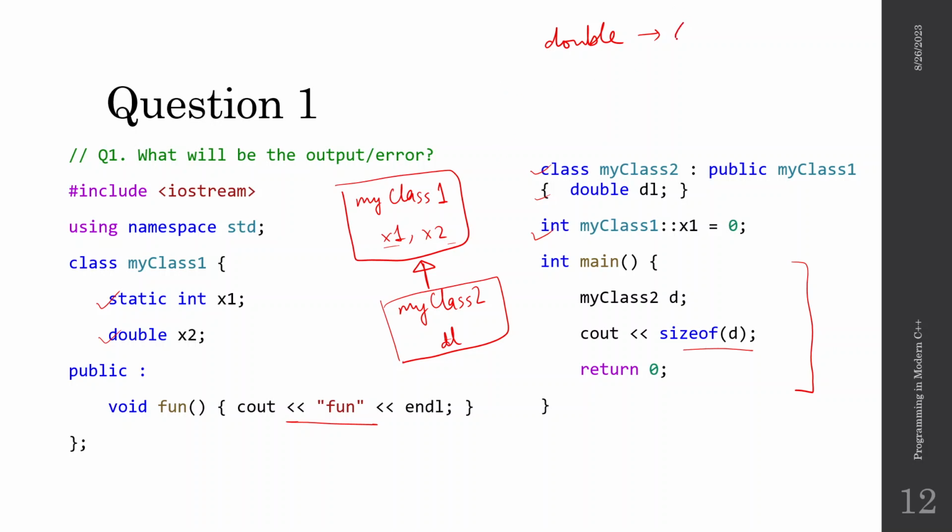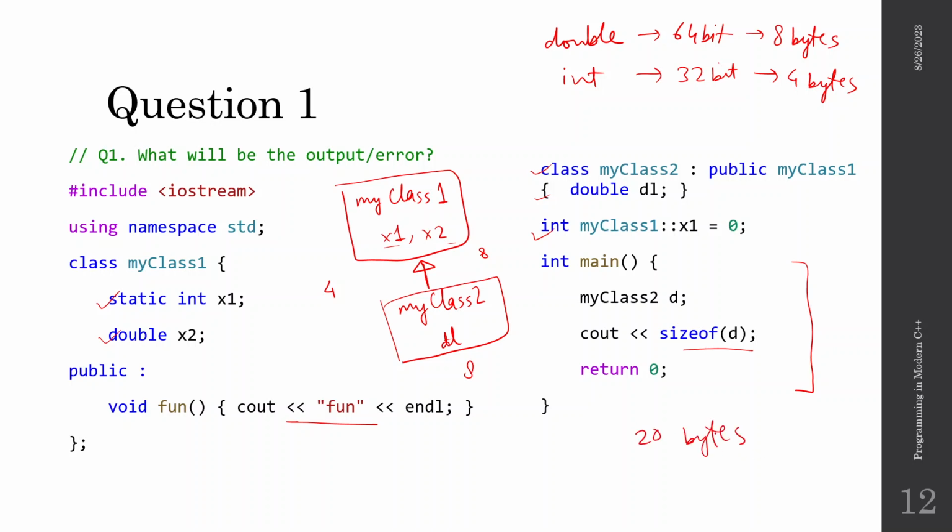Okay, so double, you know they're 64-bit, so basically they occupy 8 bytes. And integer is a 32-bit data type, which occupies 4 bytes. So looking from this diagram, there are 3 data members. So it should occupy 4 plus 8 plus 8. Okay, so it should occupy 20 bytes, and that should be the answer.